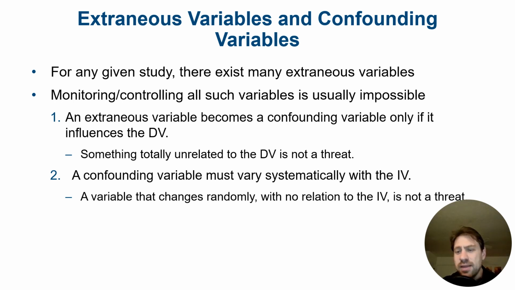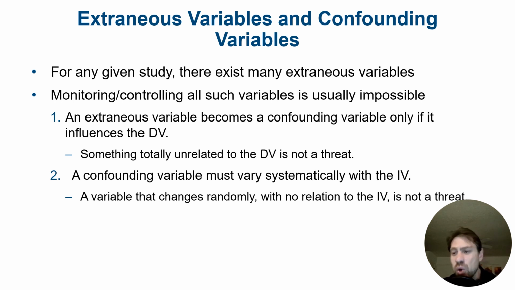So we've drawn this distinction between extraneous variables, which are all the variables in the study other than the ones being investigated, and confounding variables. Now, all confounding variables belong to the category of extraneous variables, but not all extraneous variables are confounding variables.